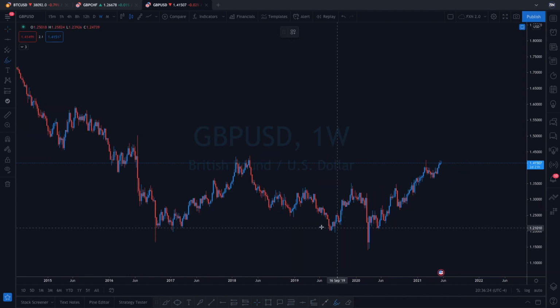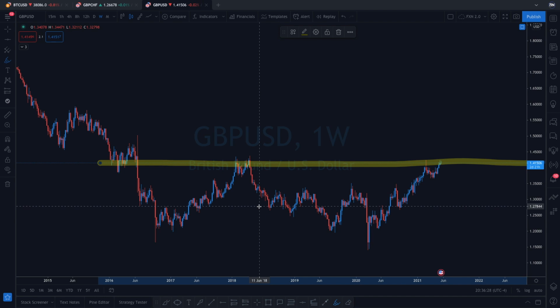So let me ask you, what do you think would happen if price were to go higher than this? What do you think are the obvious points of where price action would go to? Think about it. If it breaks higher, where is it going to go? Well, the first obvious point would be here. The second obvious point would be here.